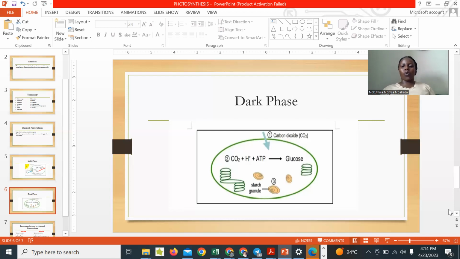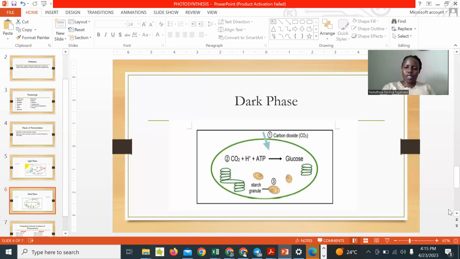Once it does so, your carbon dioxide together with the energy-rich hydrogen atom are going to be combined using the adenosine triphosphate where your glucose is going to be formed. So once your carbon dioxide together with the energy-rich hydrogen atom is joined together with the adenosine triphosphate, they lead to the formation of glucose, which is your carbohydrate.